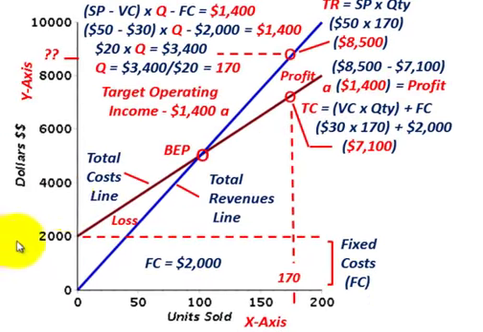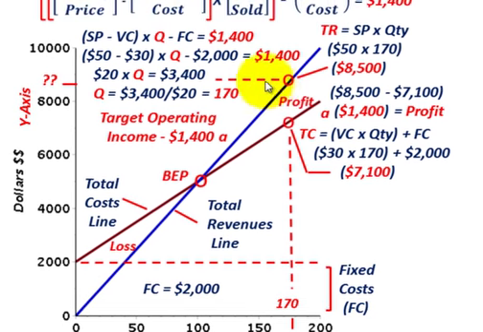Now let's go up here and look at the case where it ties in with what they call some targeted operating income, and we're going to set that equal to $1,400. So essentially we want to find some quantity, units sold, where we can earn $1,400 in our example, and that is really some point where our revenues less our costs is going to equal that targeted operating income or profit.